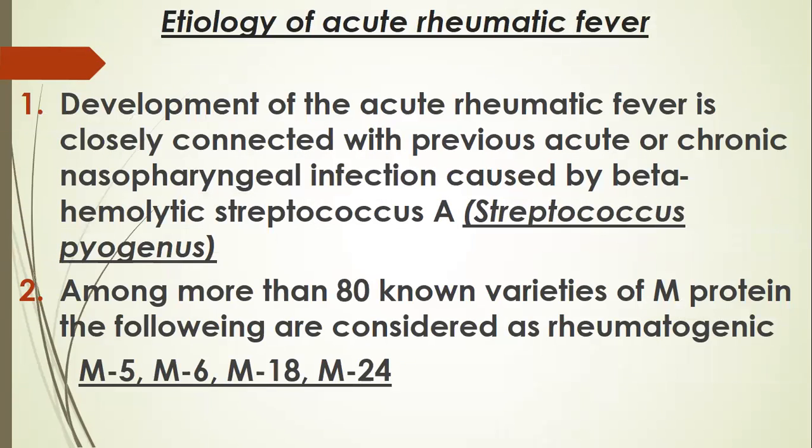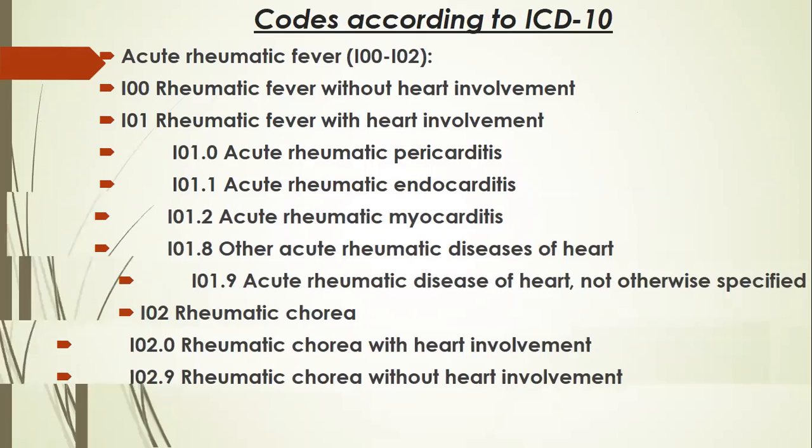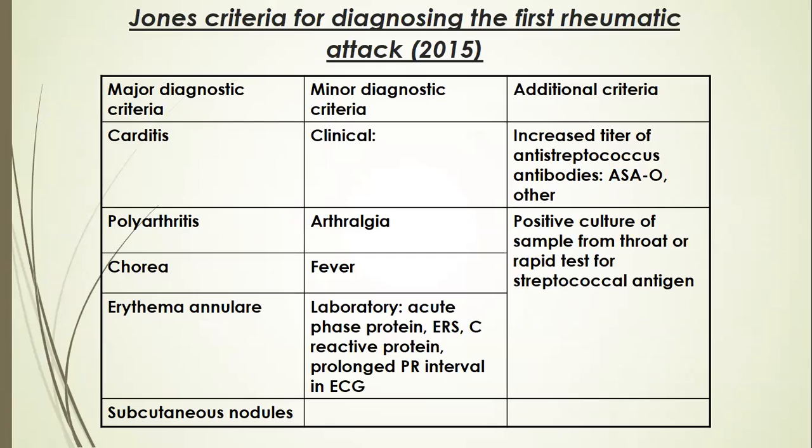The etiology of acute rheumatic fever is closely associated with beta hemolytic streptococcus of group A, or Streptococcus pyogenes. According to the International Classification of Diseases number 10, acute rheumatic fever has the code I02. And there are Jones criteria for diagnosing the first rheumatic attack.